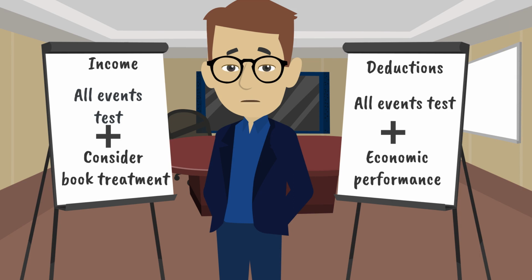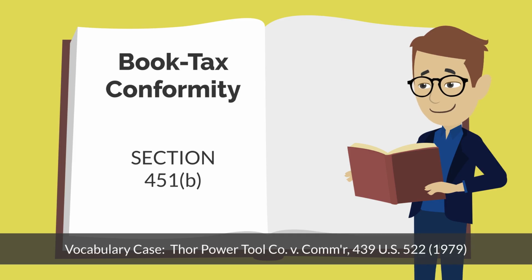Under this new rule, the all events test will be deemed to be satisfied with respect to an item of income no later than the year in which you include that same item in your revenue for financial accounting purposes.